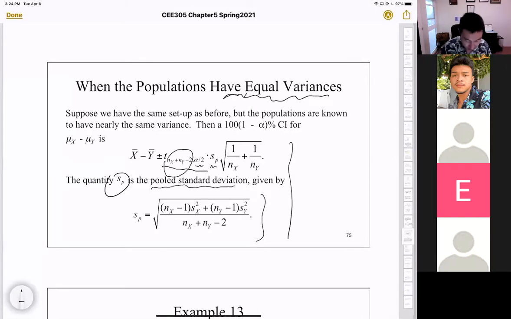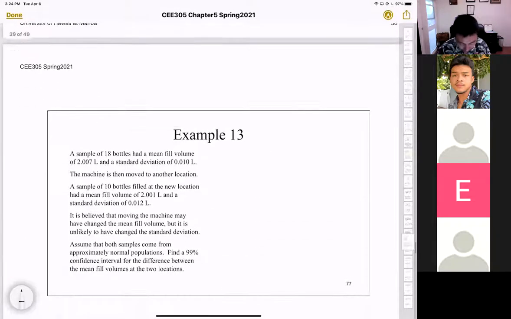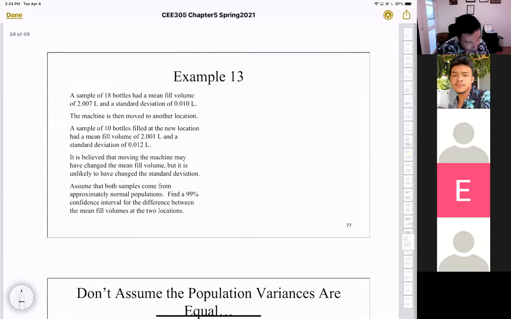Okay. So we need to figure out what SP is. The mean values, first we copy whatever the question tells us.